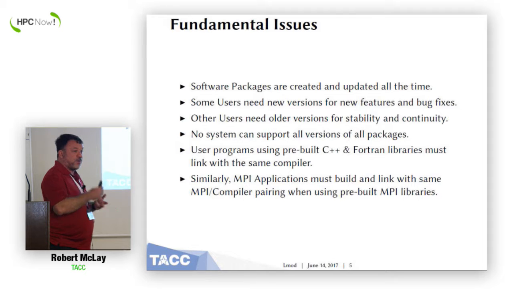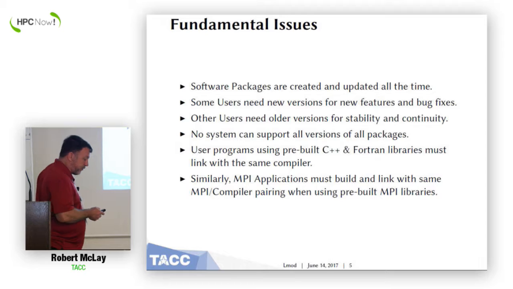That is, if you build with PGI, you can't link with Intel or GCC. Similarly, MPI applications must be built with the same library, the same MPI stack and compiler. So these last two points represent one of the biggest problems with the original design of modules: the proliferation of versions.